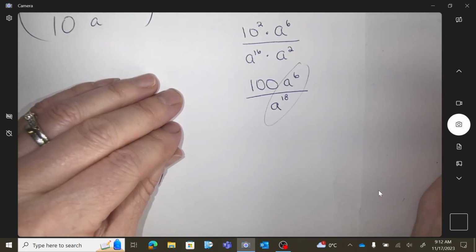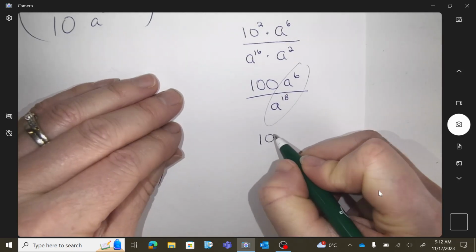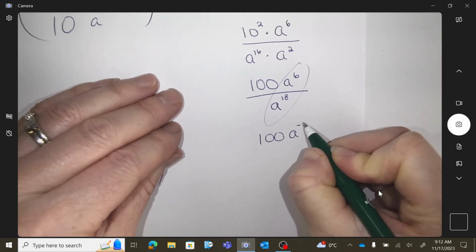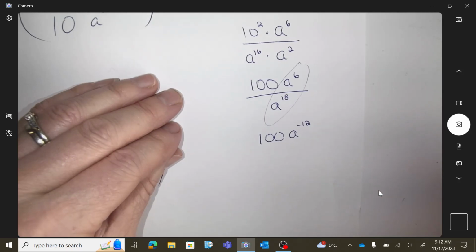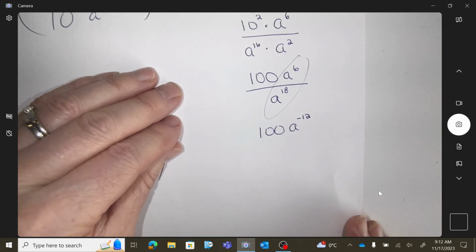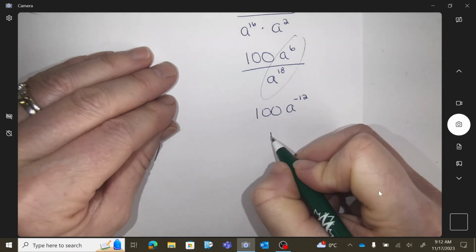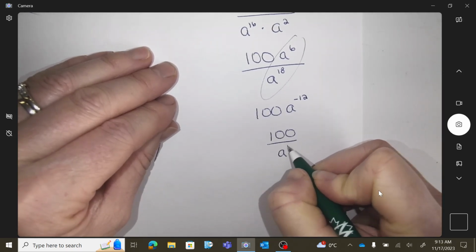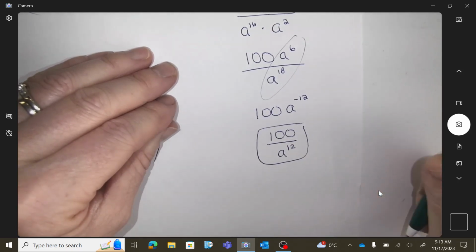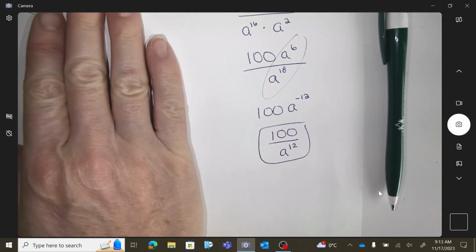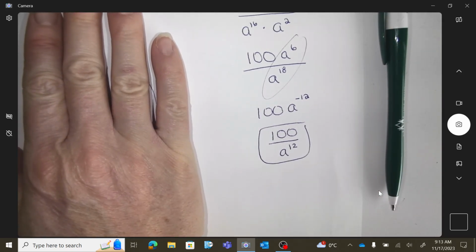So now, division, we're going to subtract exponents. But you aren't allowed on your test to write final answers with negative exponents, so I'm going to change it. Move it.